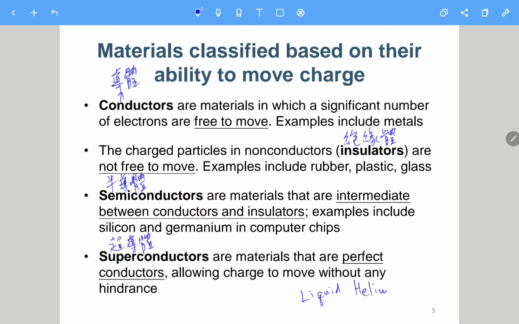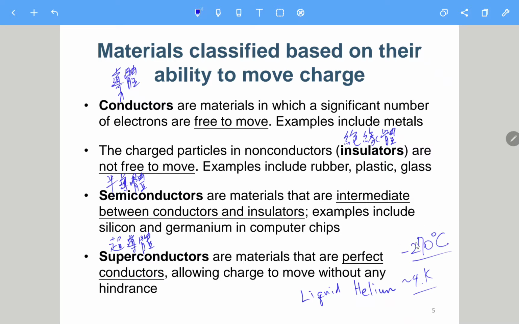Helium is the second element in the periodic table. For liquid helium, the boiling point is around 4 Kelvin, I don't really remember exactly, which is around minus 270 degrees Celsius. So this is a very, very low temperature.